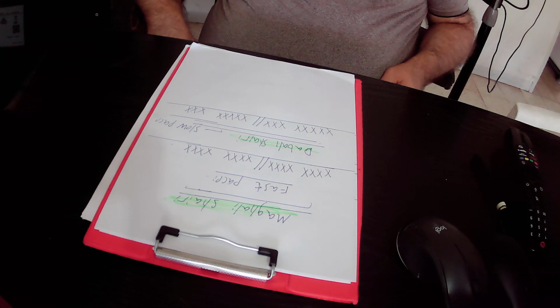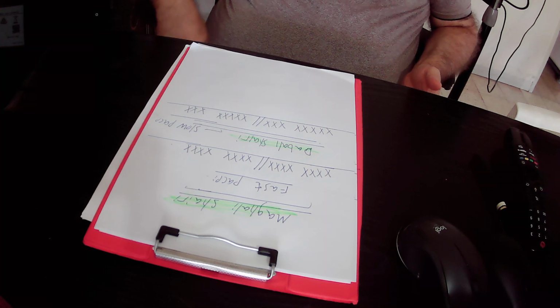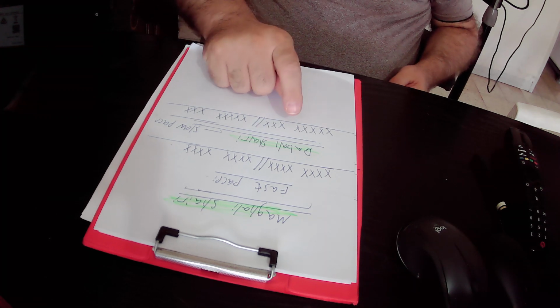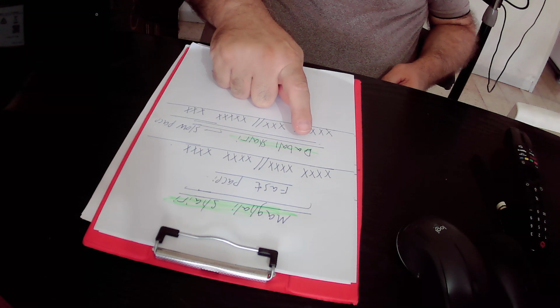In marali shairi, as I already mentioned before, each line consists of 16 syllables. And in marali shairi, the 16 syllables are broken into 4 segments of 4 syllables. Each segment consists of 4 syllables.